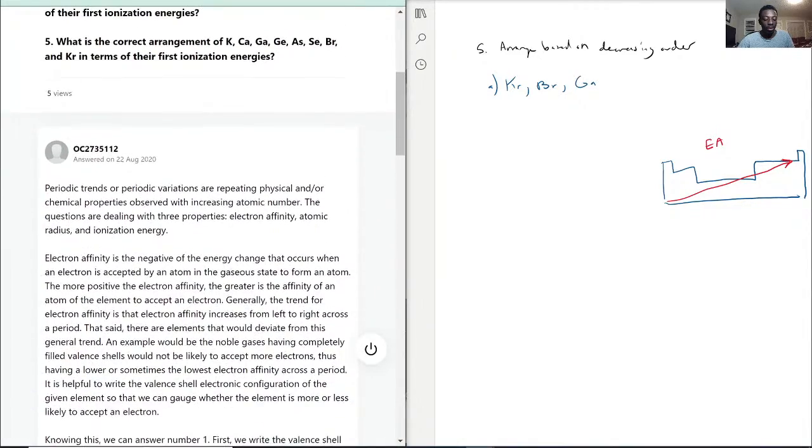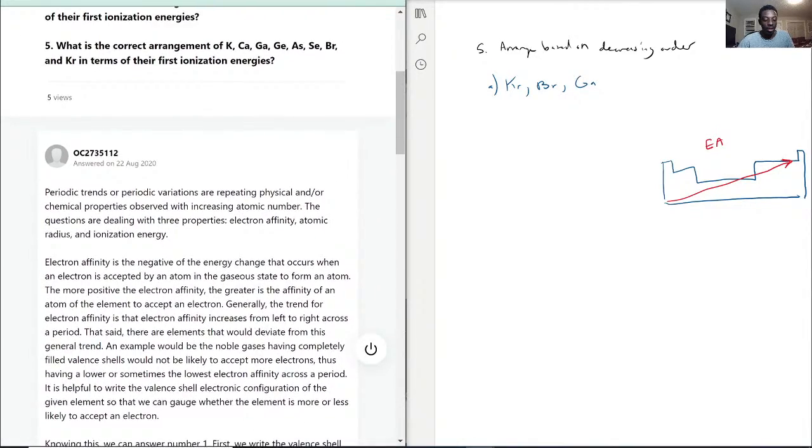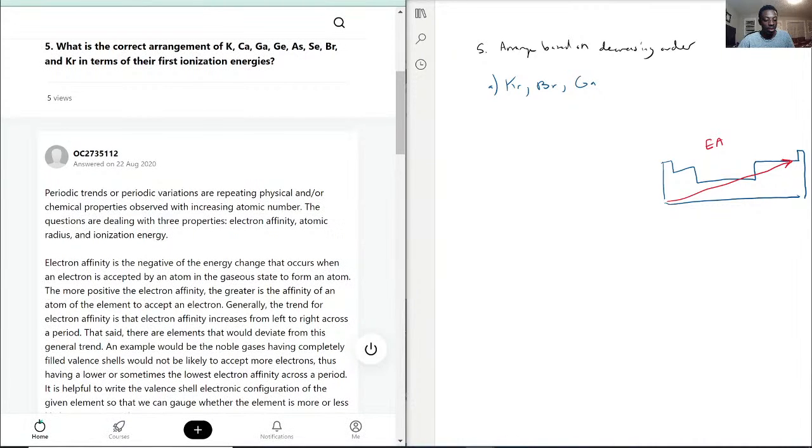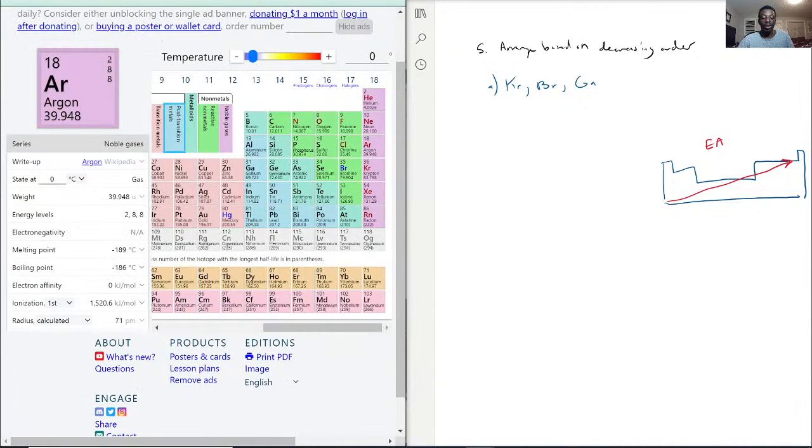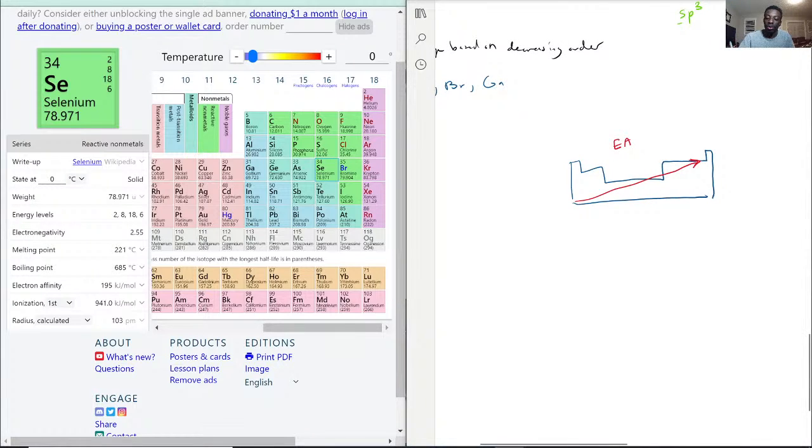So what they say is, okay, I see. For this, the noble gas does affect it in terms of electron affinity.